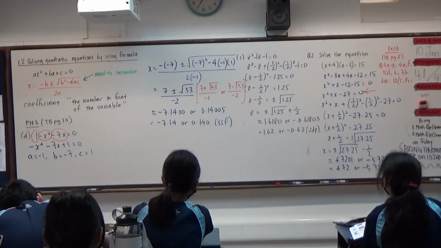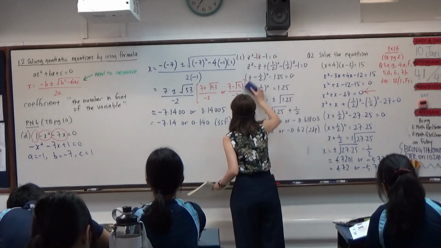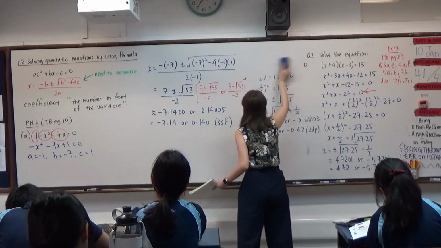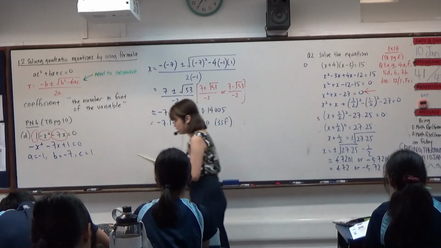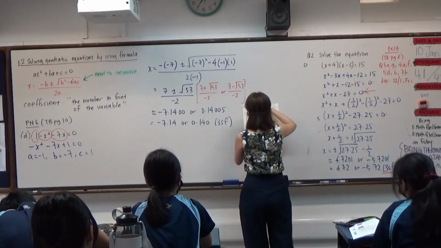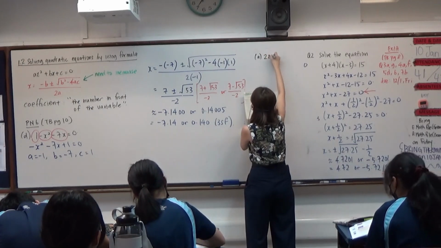If not, okay, I want you to try the formula on your own. Okay, before I show you how to check using your calculator. Okay, I want you to try part A. Actually, the whole of practice now 6.